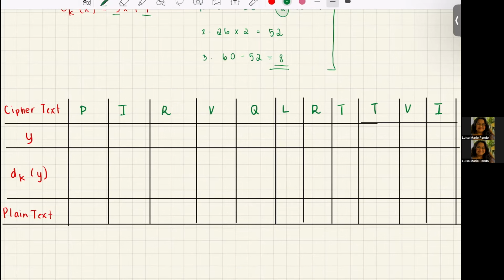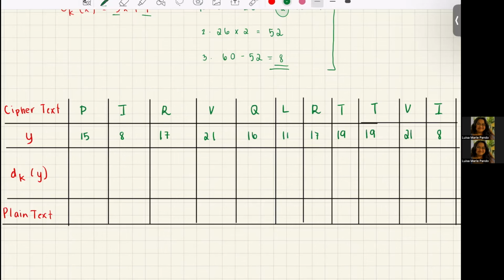So, it's literally like reversing yung encryption. So, ano ba ang y ng mga letters na to? So, for P, it's 15, I is 8, R is 17, V is 21, Q is 16, L is 11, R is 17, T is 19, V is 21, and I is 8.